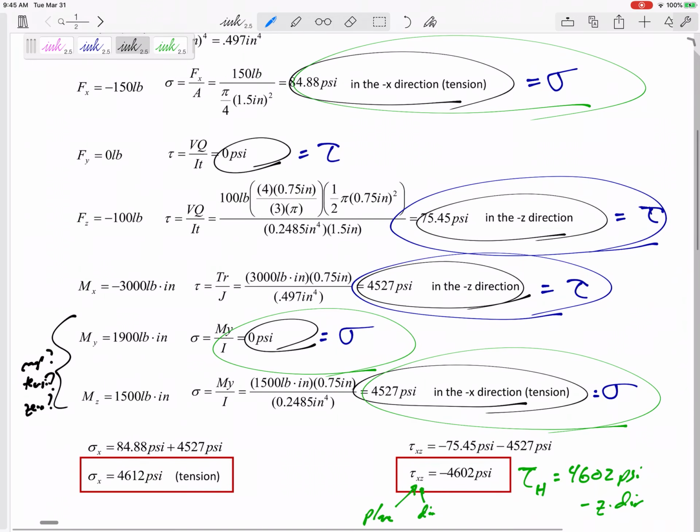And then, of course, VQ over IT is the tough part. Make sure you can do that Q correctly, or sometimes it's 0 because it's 0, sometimes it's 0 because of the point that we're looking at. So you've got this blank, start at blank and try to work it out on your own. And you've got this solution that you can look at. All right.